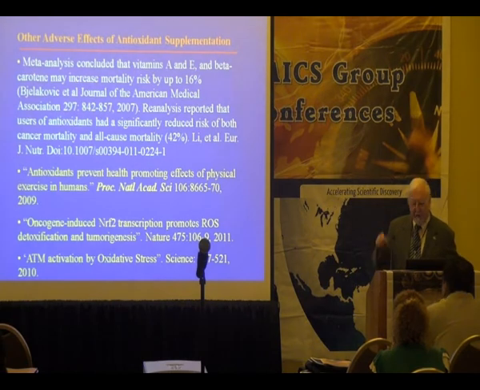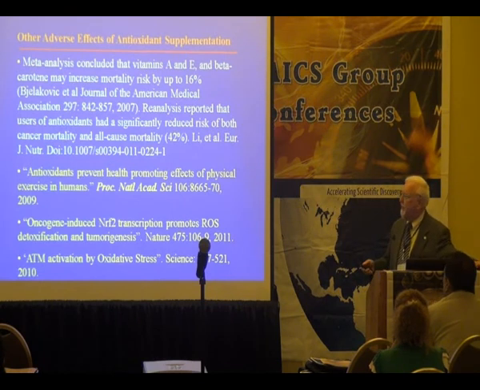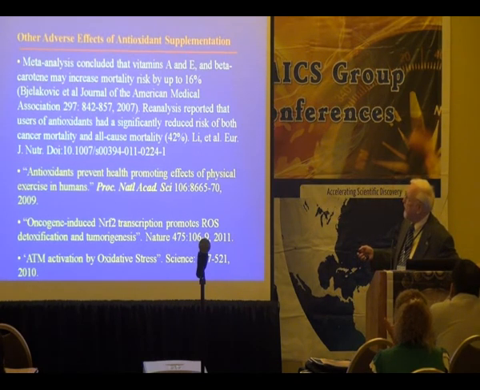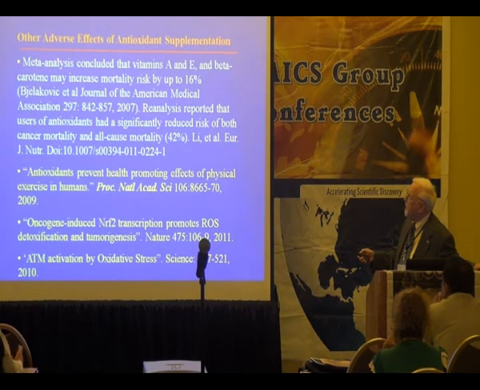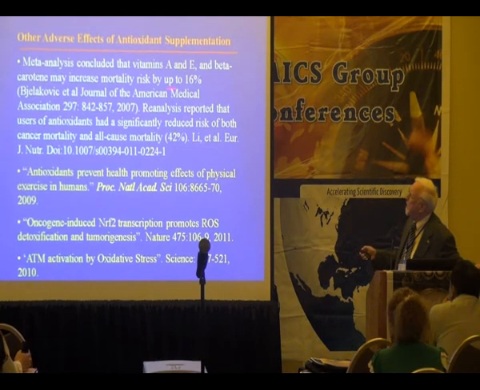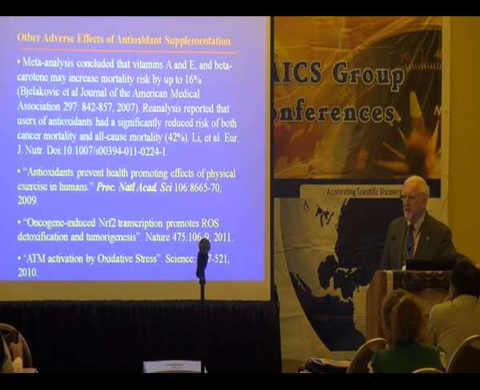So there are other adverse effects of antioxidant supplementation. It really depends on how you want to handle the data, I suppose. The first study, published in the Journal of the American Medical Association in 2007, was a meta-analysis that concluded that vitamins A, E, and beta-carotene may increase mortality risk by up to 16%.